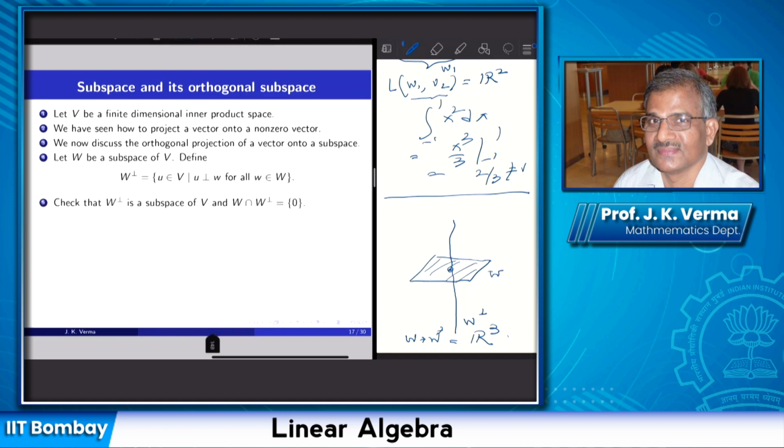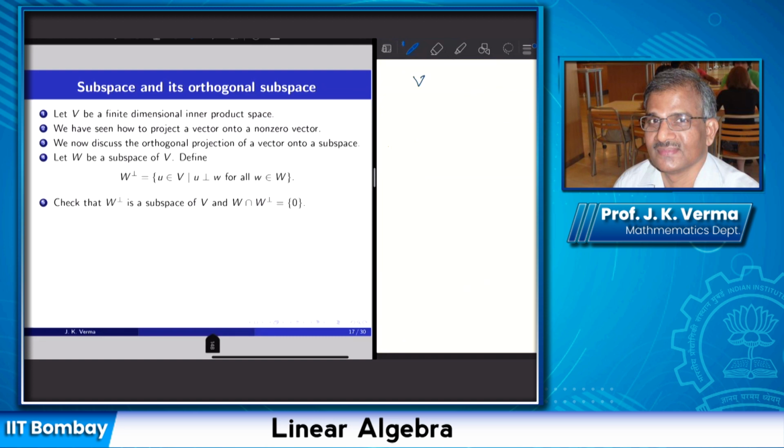First of all, W perp is a subspace of the same vector space. I start with W and look at W perp.